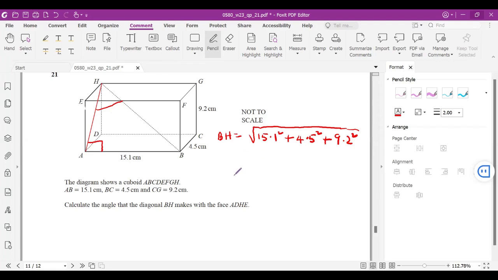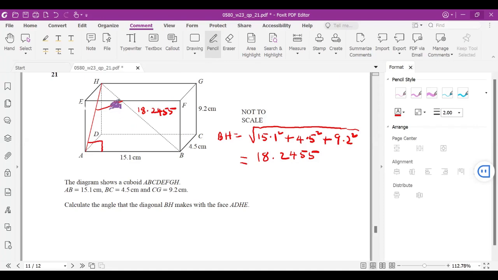And that gives us about 18.2455. Okay. Now, so this is known as 18.2455.